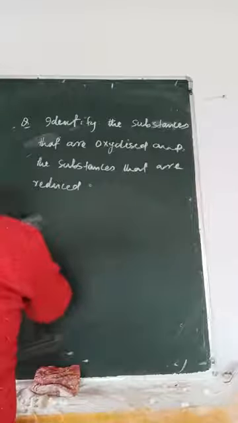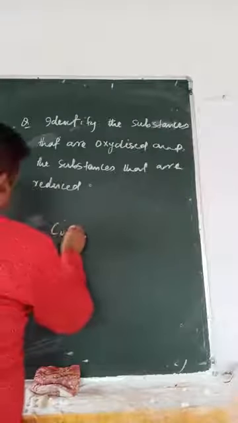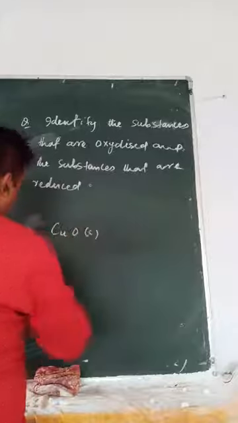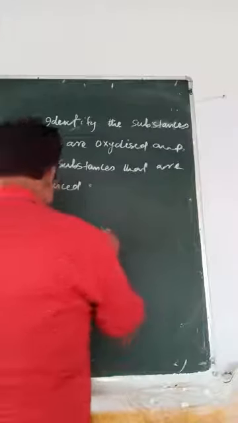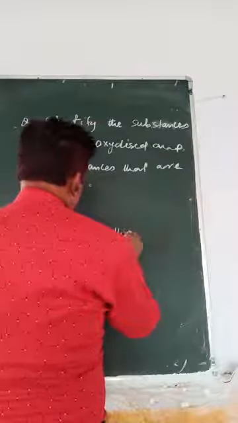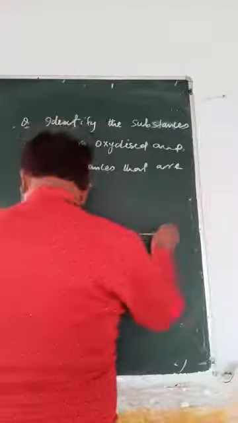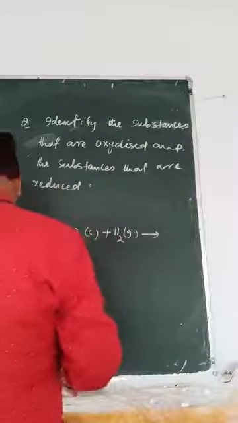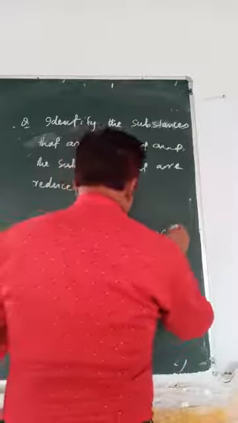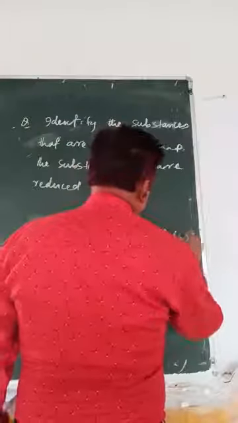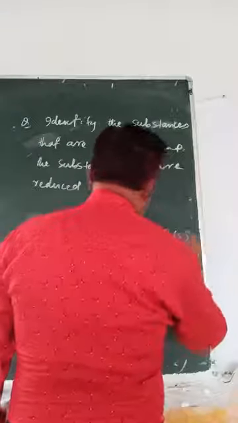If I write cupric oxide solid added to hydrogen gas gives you Cu plus H2O. Cu is solid, H2O is liquid.